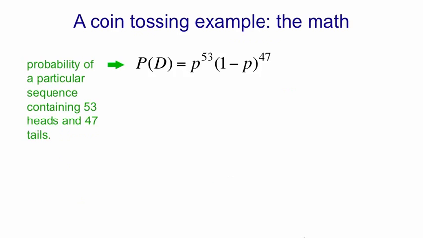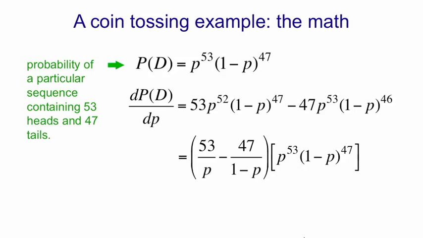So the probability of a particular sequence that contains 53 heads and 47 tails could be written out by writing down p every time you toss a head and 1 minus p every time you toss a tail. And then if we collect all the p's together and all the 1 minus p's together, we get p to the 53 and 1 minus p to the 47.